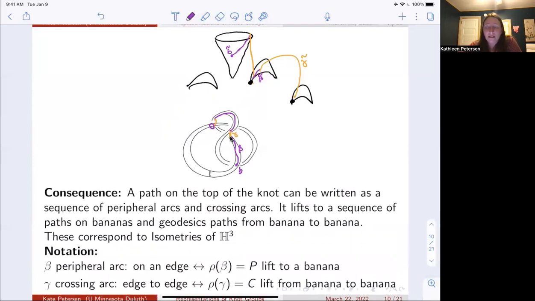And I'm always going to take gamma to a point on the underside of the crossing. And then this peripheral piece will go around and, since this is curving underneath, it'll have to end up actually on the underside of the crossing. And this gamma will actually go from the underside to the overside. So this way I can control exactly where my endpoints are.